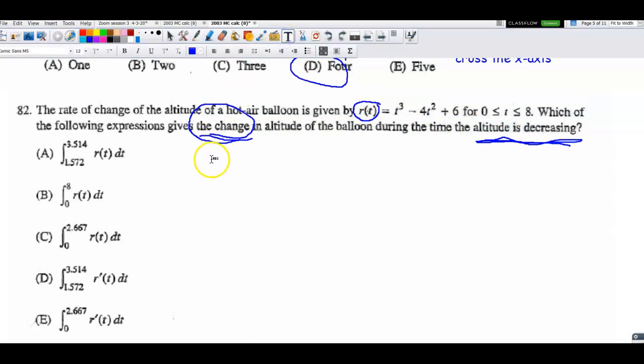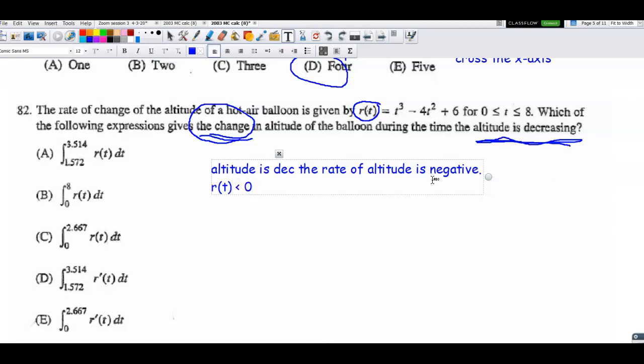If the altitude is decreasing, the rate of altitude is negative. So we're going to have to use our calculator to figure out when. Basically, that means when is R of t less than 0.